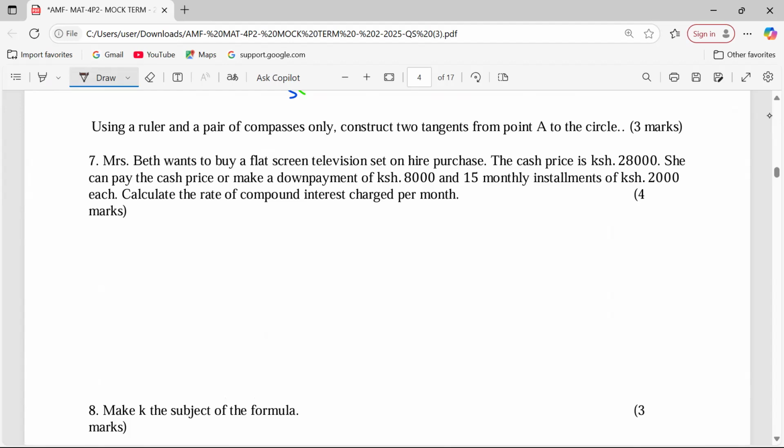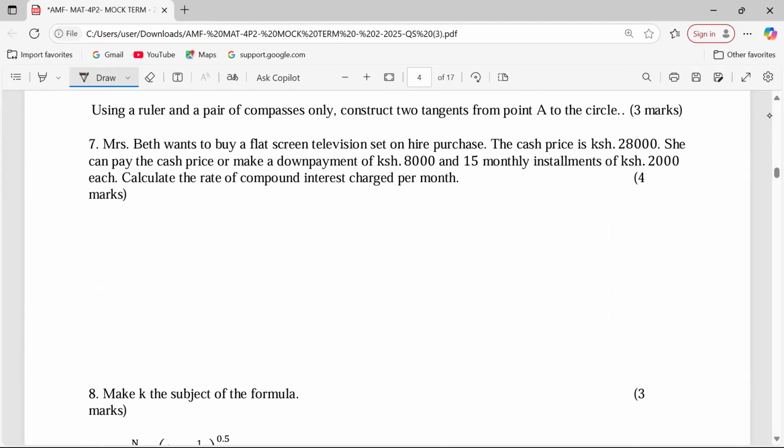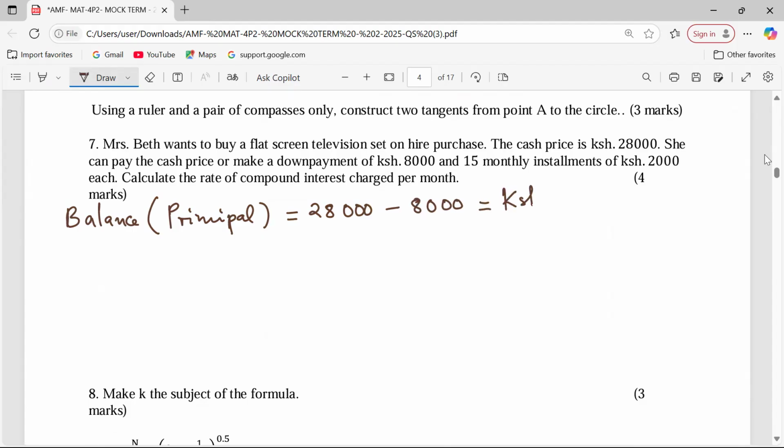So from that case now, allow me to say that I should be having the balance now, which becomes principal. The balance that indirectly becomes our principal amount, because it is what shall earn interest, shall be the cash price, 28,000, minus the deposit of 8,000 to give us 20,000 Kenya shillings.